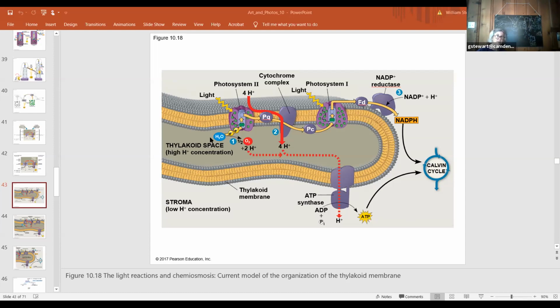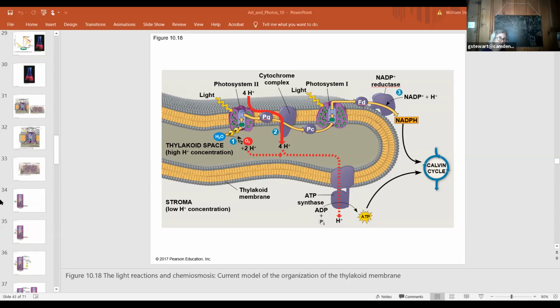The oxygen is released, and the hydrogens are used to make a hydrogen gradient to pump through ATP synthase so we can make ATP. There aren't numbers associated with how many are produced because this system is in every single thylakoid.